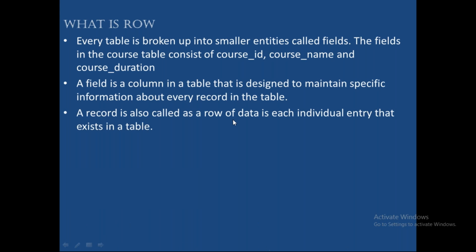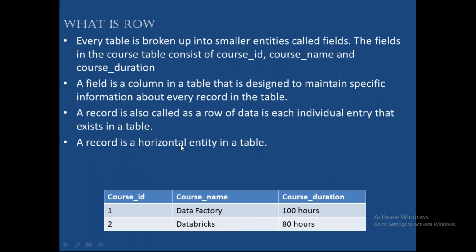Okay, fine. Next, a record is called a row. A record is nothing but a row of data. A row of data is each individual entry that exists in a table. Example, I will show you here. You see here, one, data factory, 100 hours.